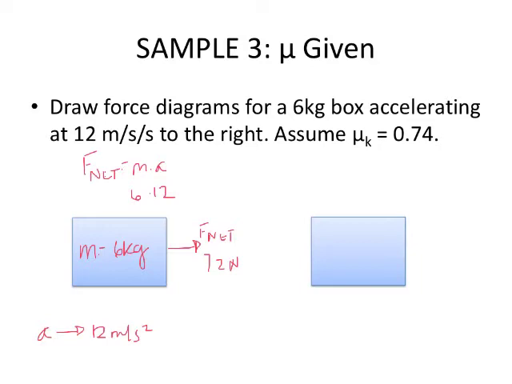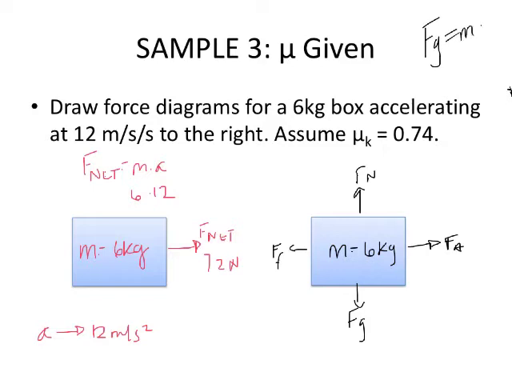So let's try figuring out our force diagram. So once again, we're going to have all the forces on here. F g, F a, F n, F f. So this time we aren't given one explicitly, but once again, use F of g equals m times g to find gravity and normal force.